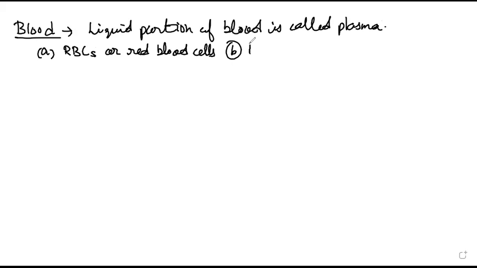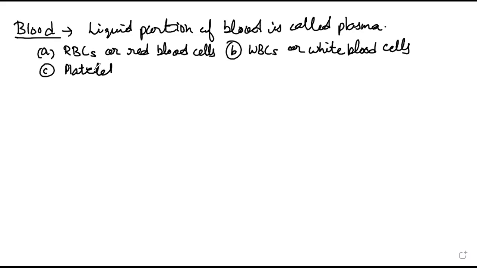Second is WBCs, or white blood cells. And third is platelets. Now, first of all, we must understand the meaning of these three, RBCs, WBCs, and platelet cells.